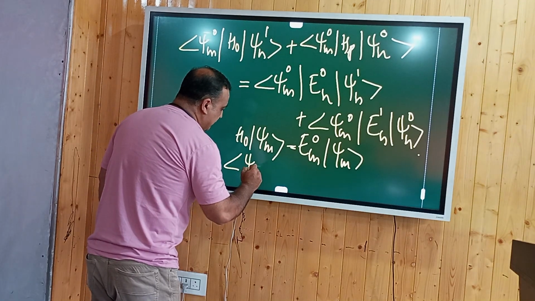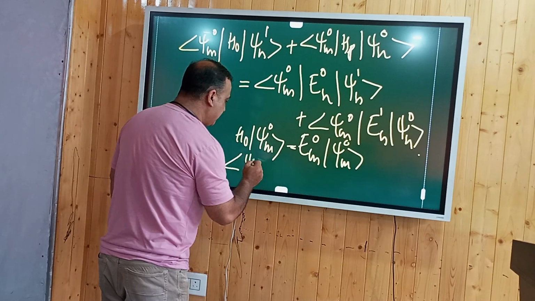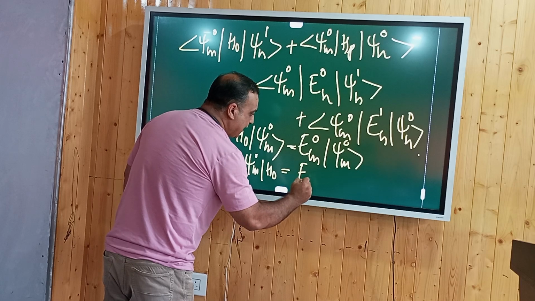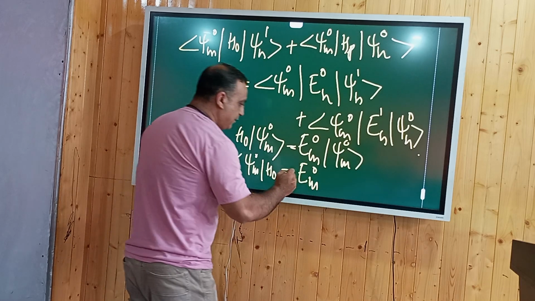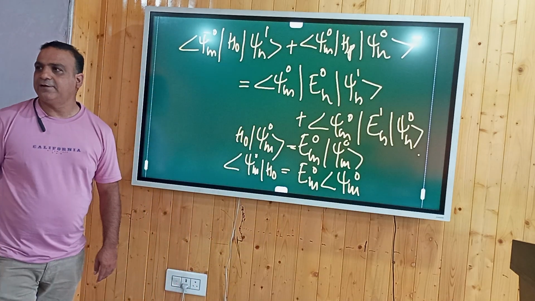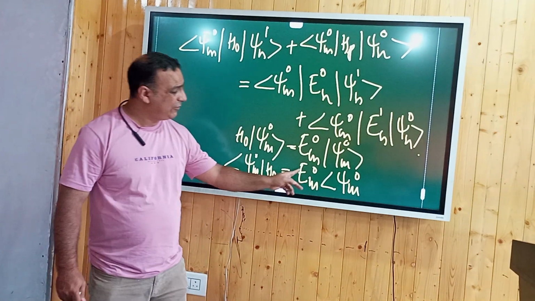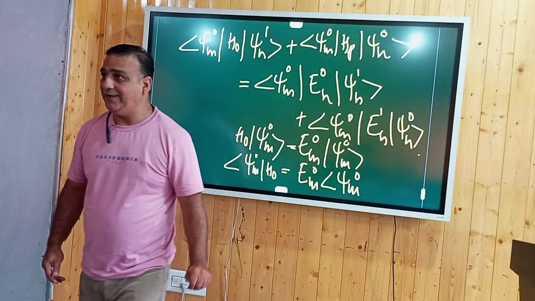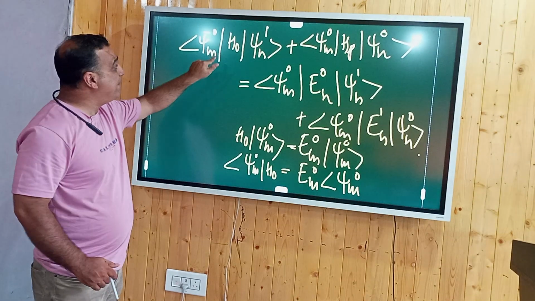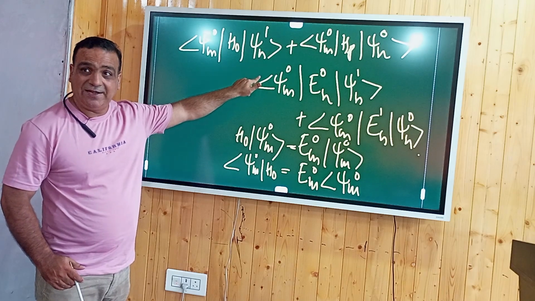The bra of psi m naught times H naught will be E m naught times the bra of psi m naught. Would it be like this? Because once you operate the Hamiltonian, you get a number. So a number you can place on the left or the right, it doesn't matter. Right? So what you will get from this term? This will be E m naught. Getting my point?